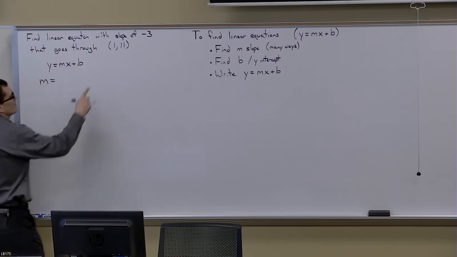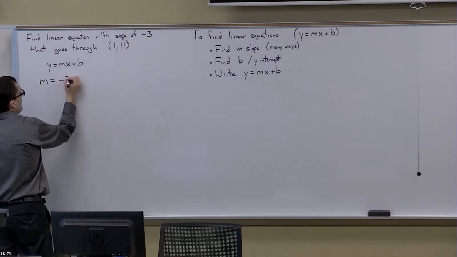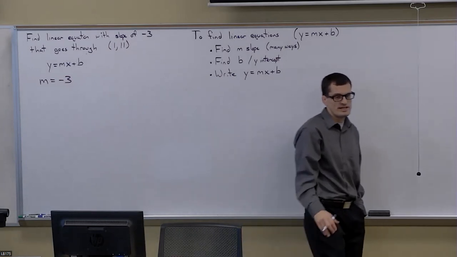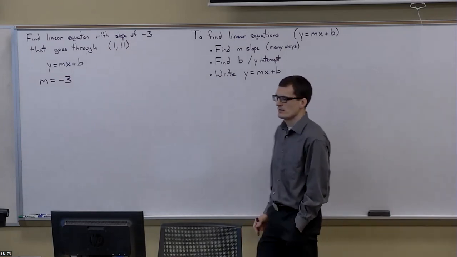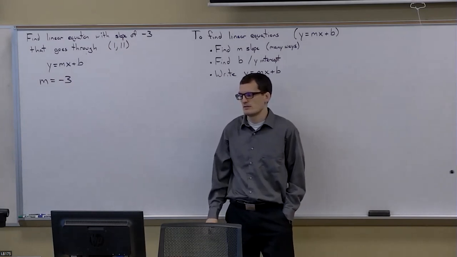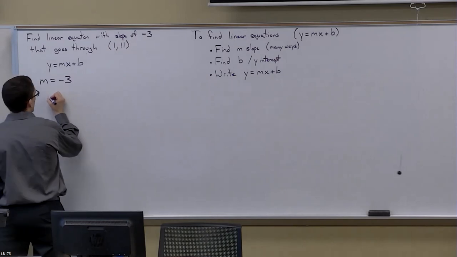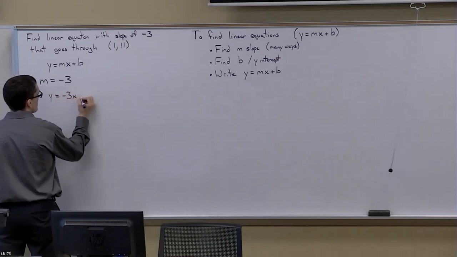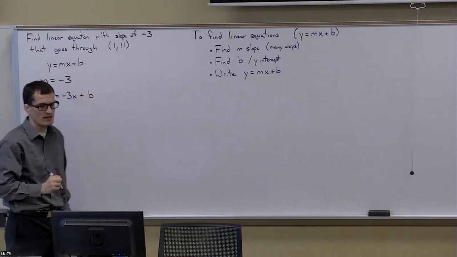Therefore, if it says slope of -3, my line has slope of -3, that means my m is simply -3. I don't have to do any calculations. Now I know that the equation is going to look like y equals -3x plus some number that I haven't figured out yet.